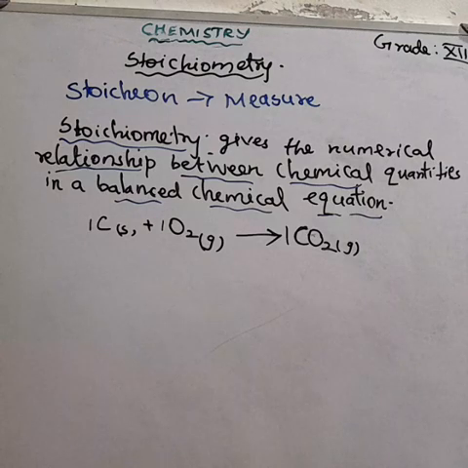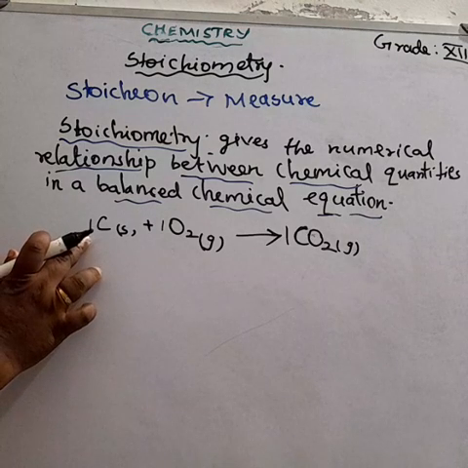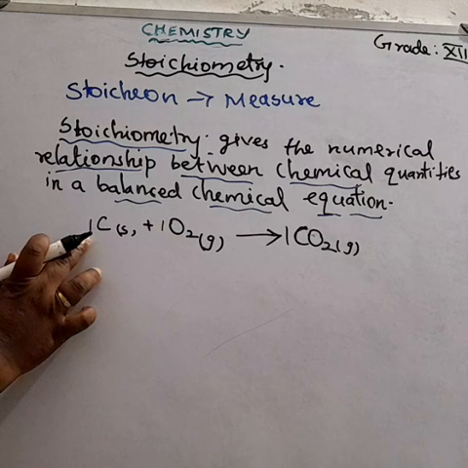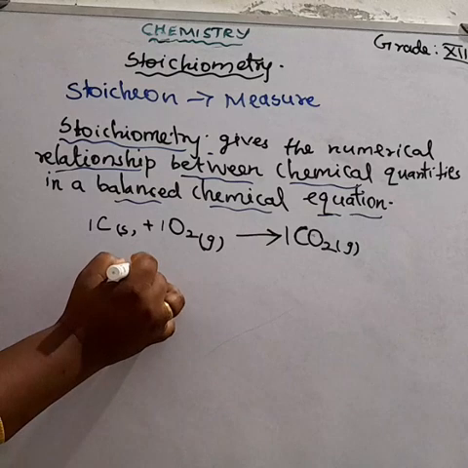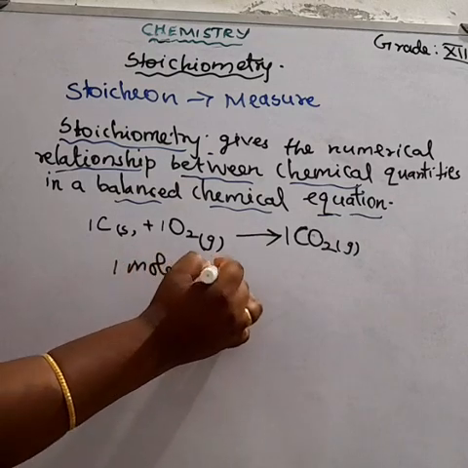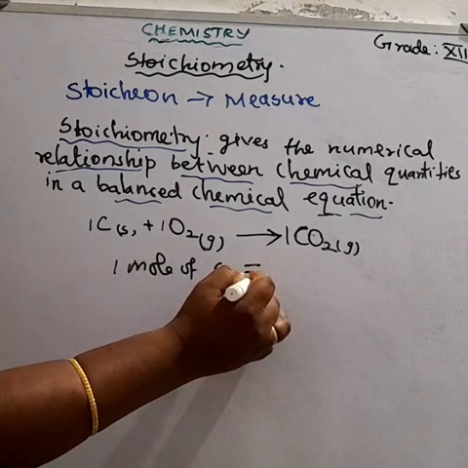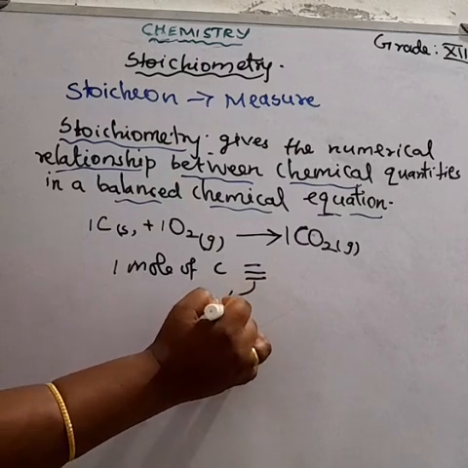Understood? So 1 mole of carbon is stoichiometrically equal to 1 mole of oxygen, which is equal to 1 mole of carbon dioxide. This simply means stoichiometrically equal to.